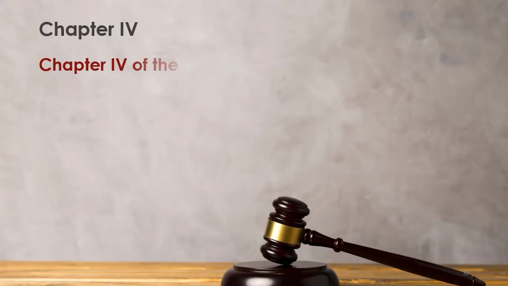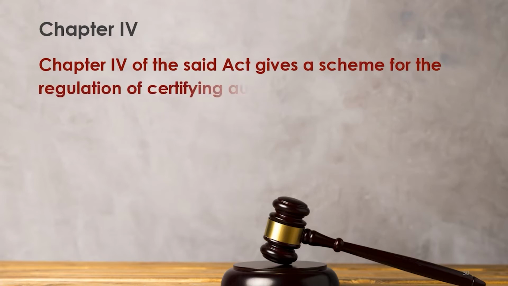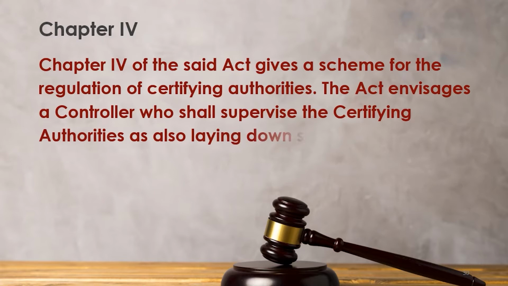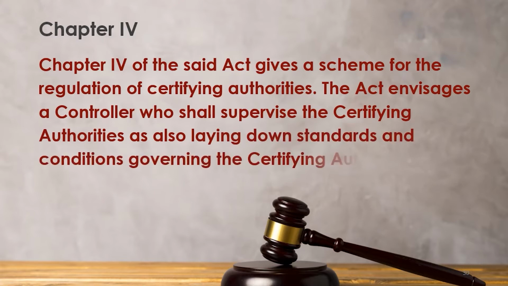And chapter 4 talks about the scheme and regulation of certifying authorities. We saw that there are 4 agencies, including NIC and TCS, that have been given the authentication and certifying authorities role.